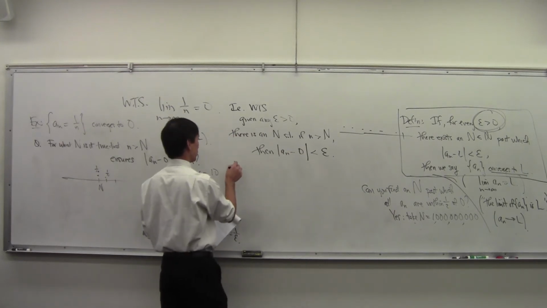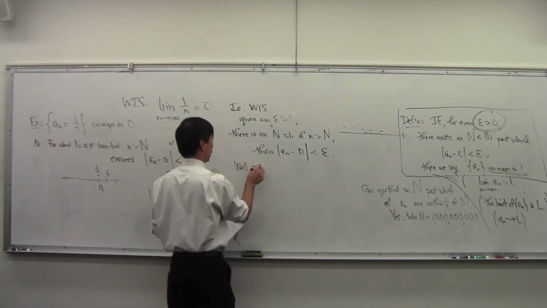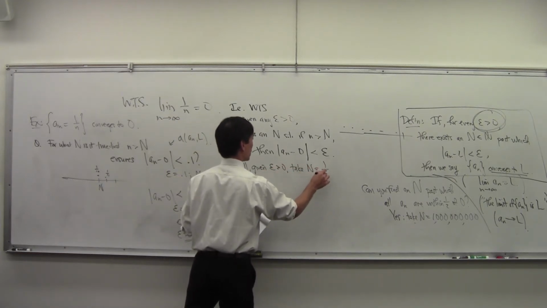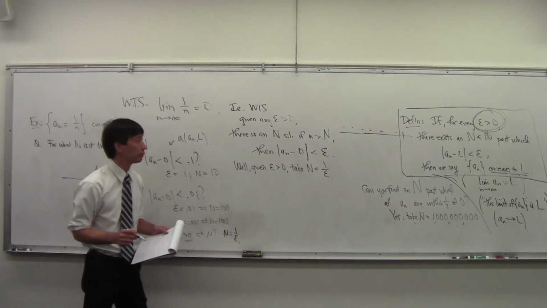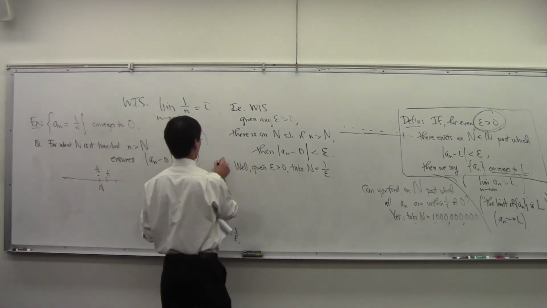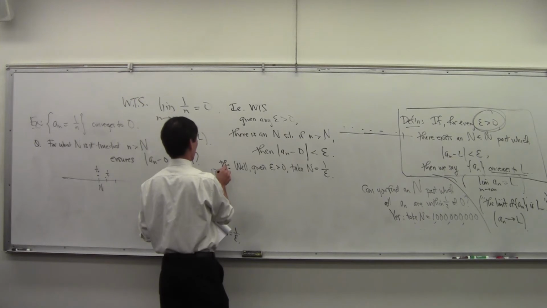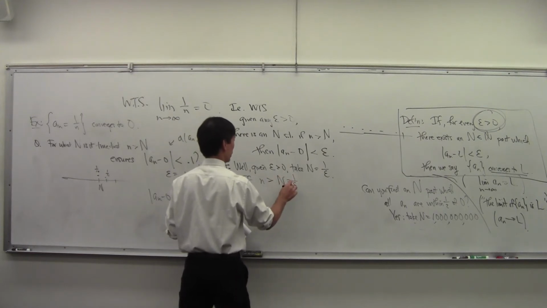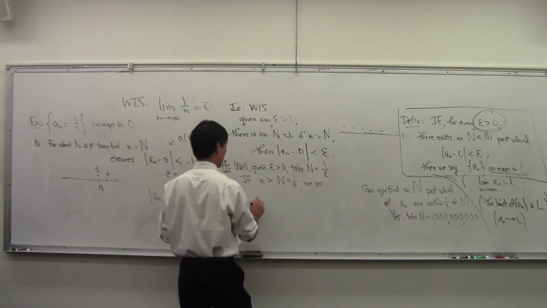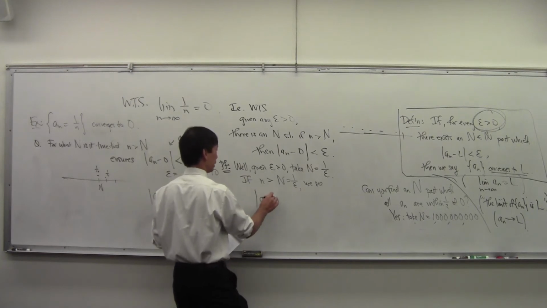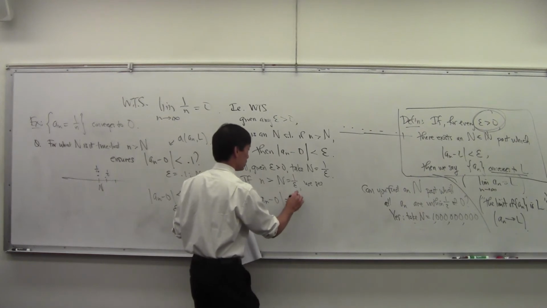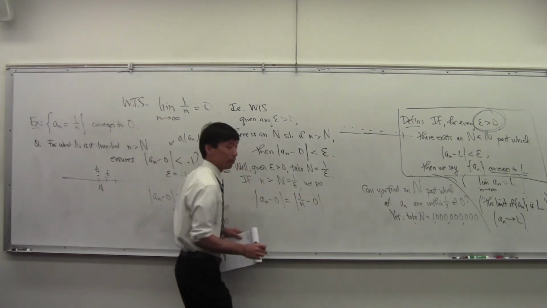So given our epsilon, take n to be 1 over epsilon. If little n exceeds that, we see that the distance between a sub n and 0, that's the same thing as the distance between 1 over n and 0.